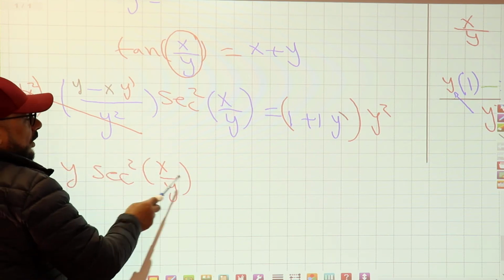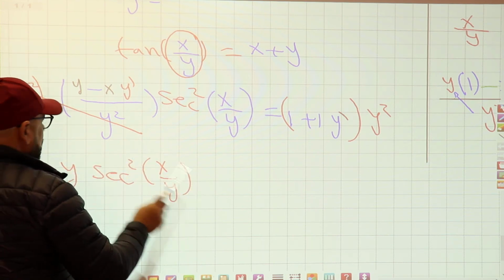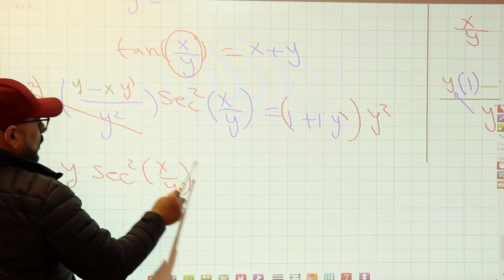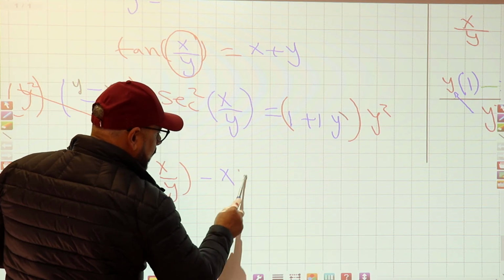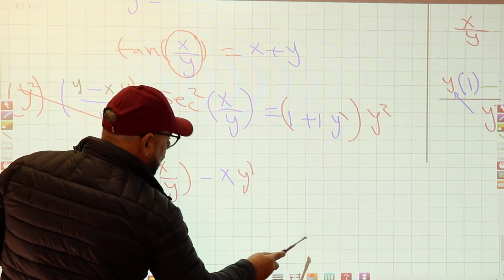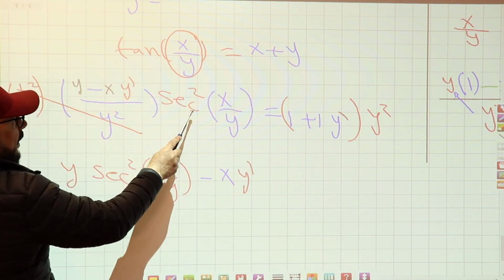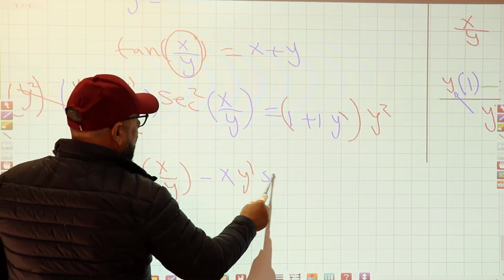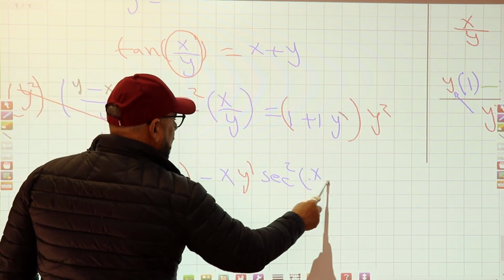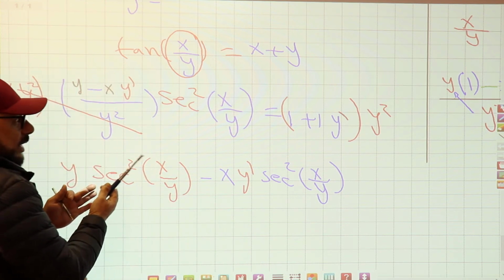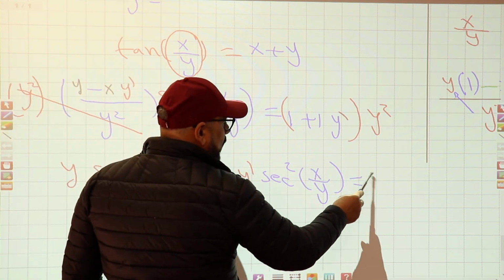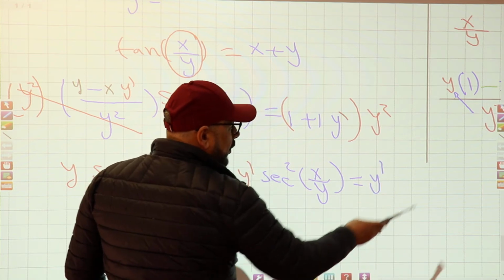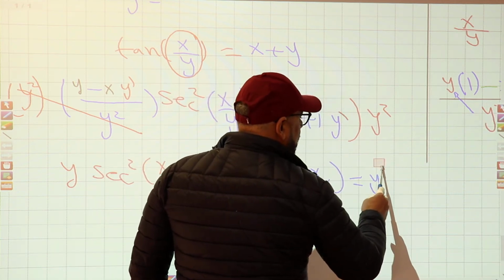Y secant squared x over y minus x y prime secant squared x over y. Why am I doing this? I need to get the terms that have y prime.